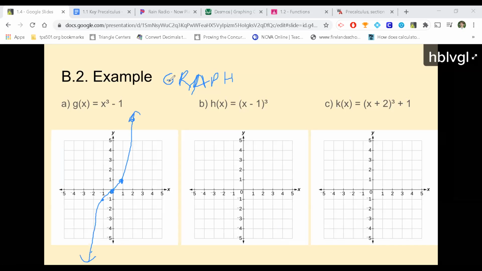So g of x is that same function just moved down 1. Easy peasy, right? Because the -1 comes after the function, it goes down 1.